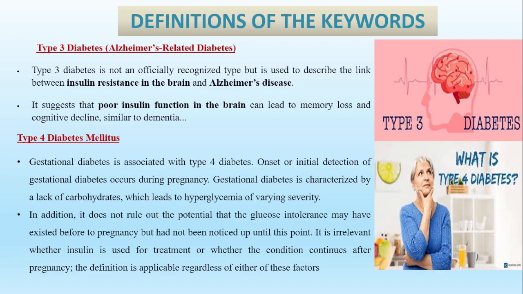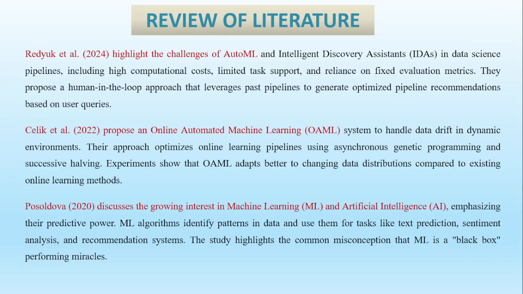Or at the time of any operation or surgery, if you find symptoms of sugar, or your blood sugar is high, then after the surgery you can recover from this type. So there is no need for long medicine or a long recovery period. This is also the fourth category of diabetes.